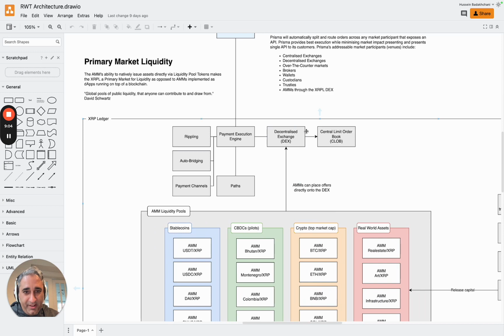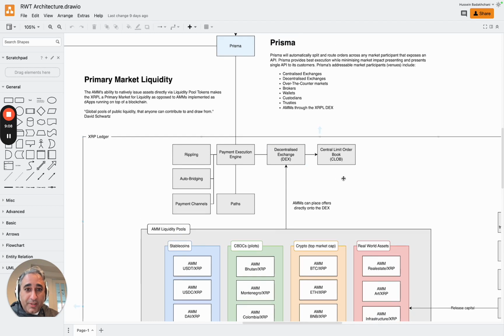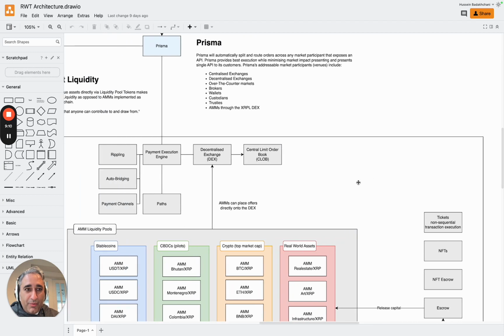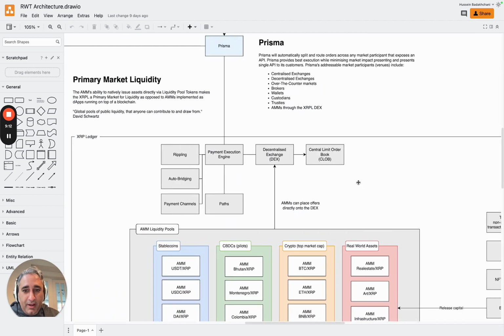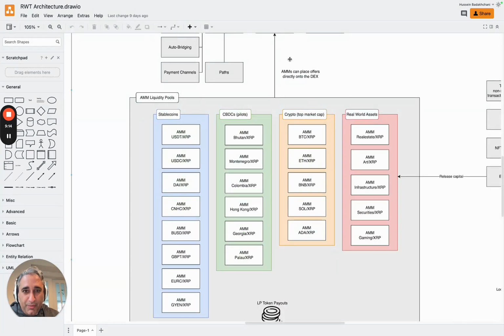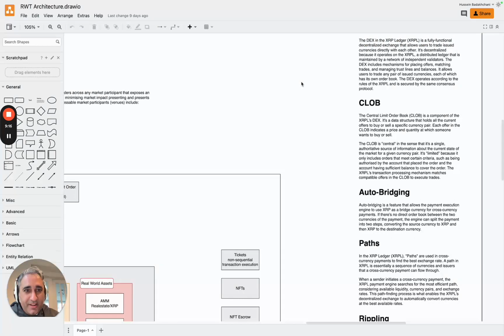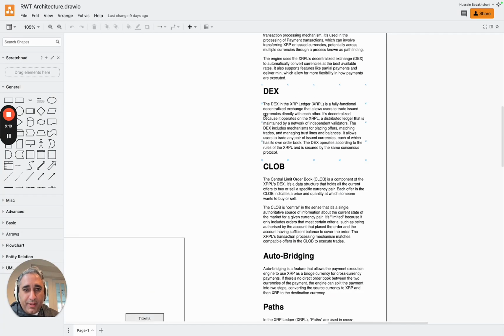The decentralized exchange is one of the oldest DEXs, or potentially the oldest DEX, available in the cryptosphere. I don't want to spend too much time on that right now. Suffice to say, let's just go through this. The DEX in the XRPL is a fully functional decentralized exchange that allows users to trade issued currencies directly with each other.